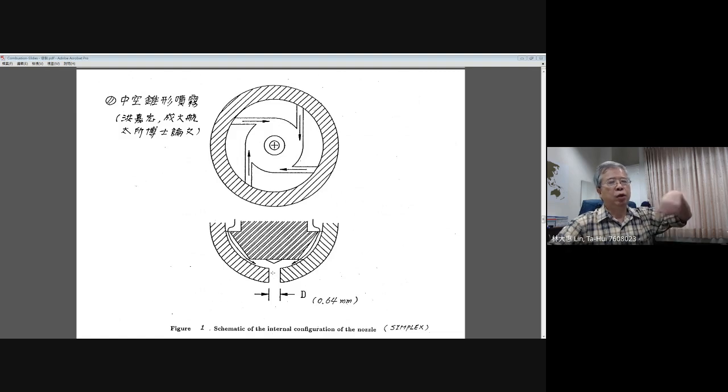Since there is the swirling motion, there is a certain amount of centrifugal force, and this centrifugal force pushes the spray angle open, and you produce the spray cone. This is the basic structure coming from the design of a simplex nozzle used for gas turbines.